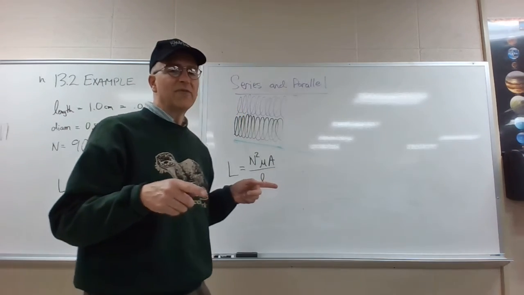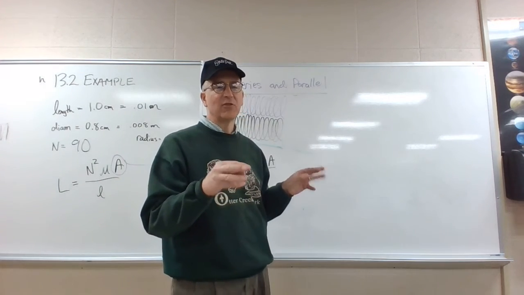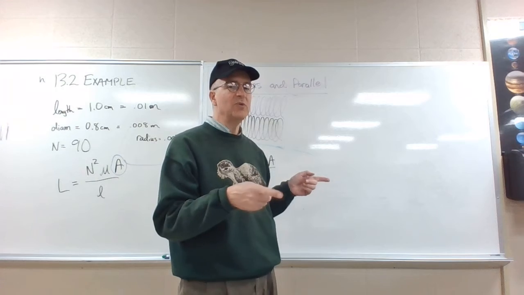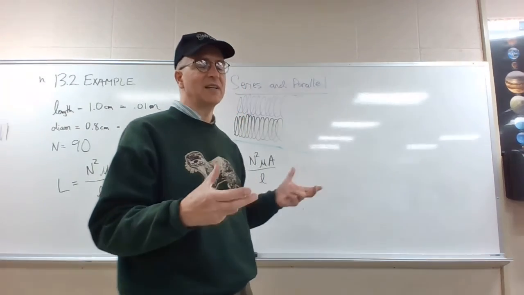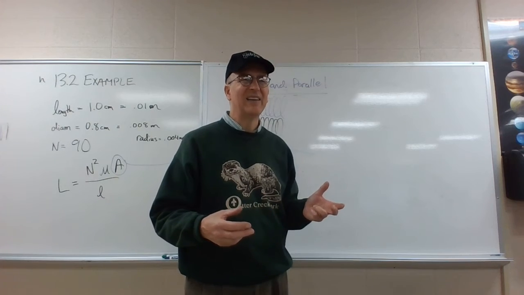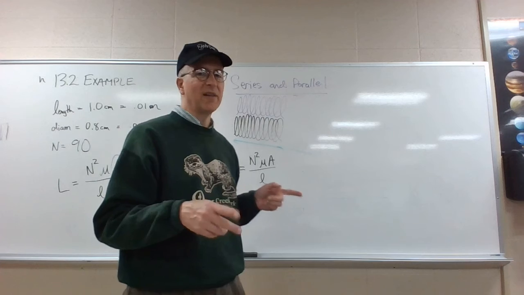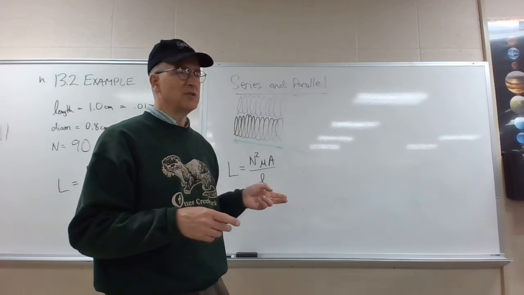Because the inductive effect is driven by magnetism, you have less current through each inductor, which reduces the magnetic effect. I find that I can't come up with a really good seat of the pants explanation for the parallel as I can for the series.